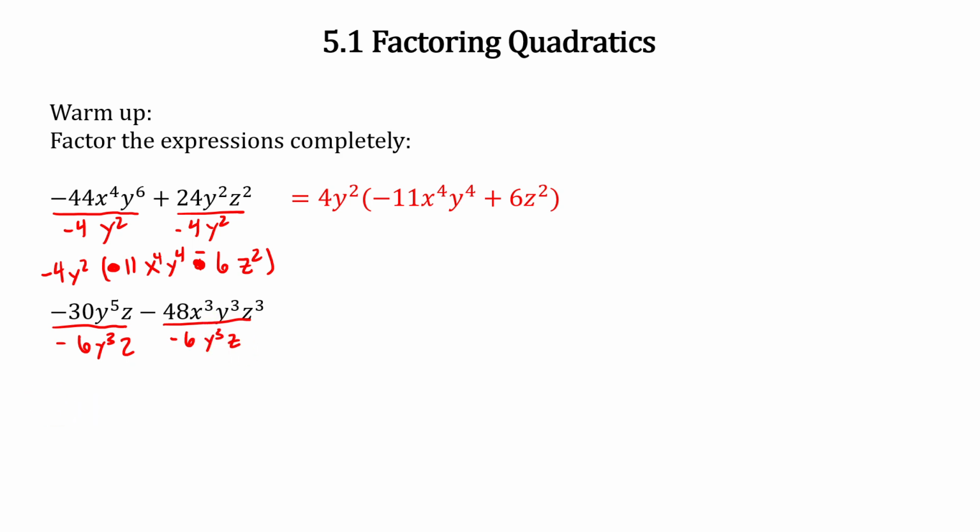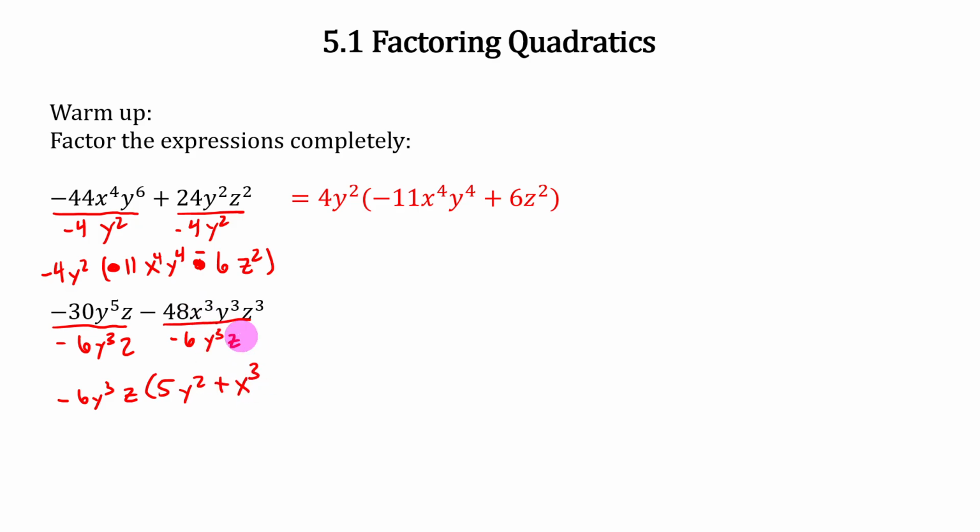So I'd get negative 6y cubed z, negative 30 divided by negative 6 is positive 5. Y to the fifth divided by y to the third is y squared. Z divided by z cancels out, becomes 1. This would be positive. Negative 48 divided by negative 6 would be positive.